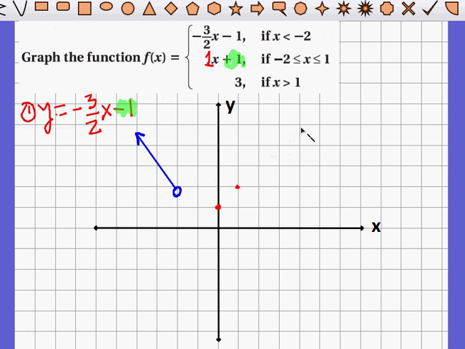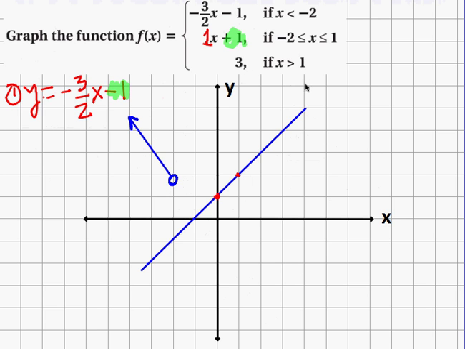So right now I can draw this piece of line. But again, I'm not going to show the entire line. So let me go ahead and look what can I show on this line. It says I can show only x's from -2 to 1, including -2 and 1. So that means if I go to x value of -2 and move down, that means I can go from here.